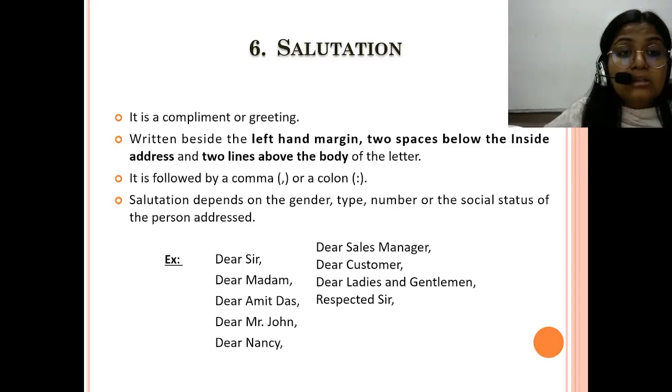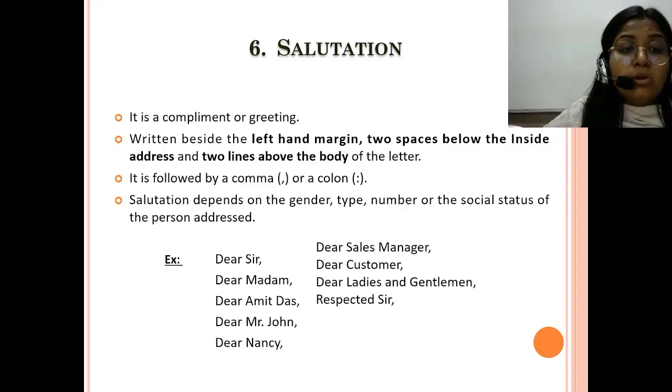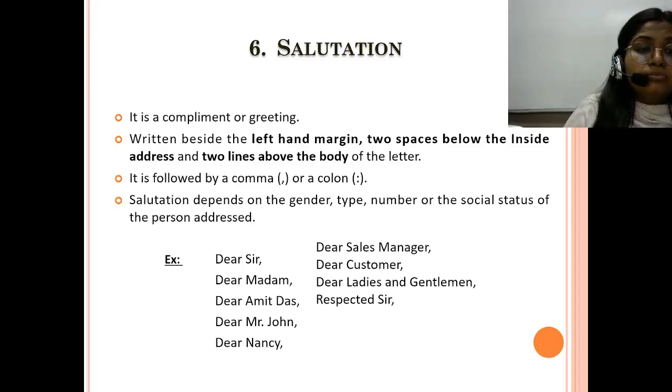It is written beside the left-hand margin, two spaces below the inside address and two lines above the body of the letter. It is always followed by a comma or a semicolon. Salutation always depends upon the gender, type, number or social status of the person addressed.